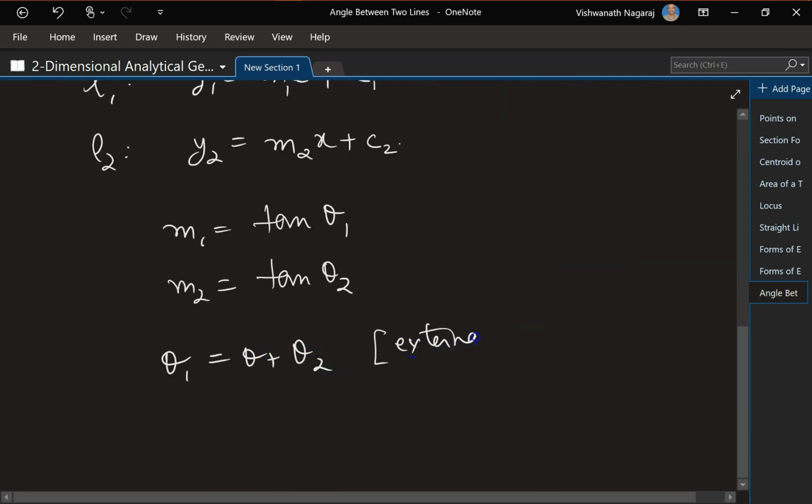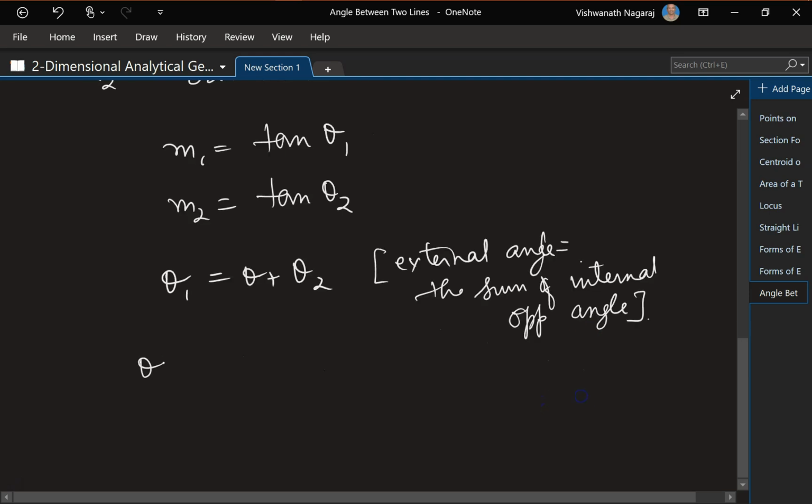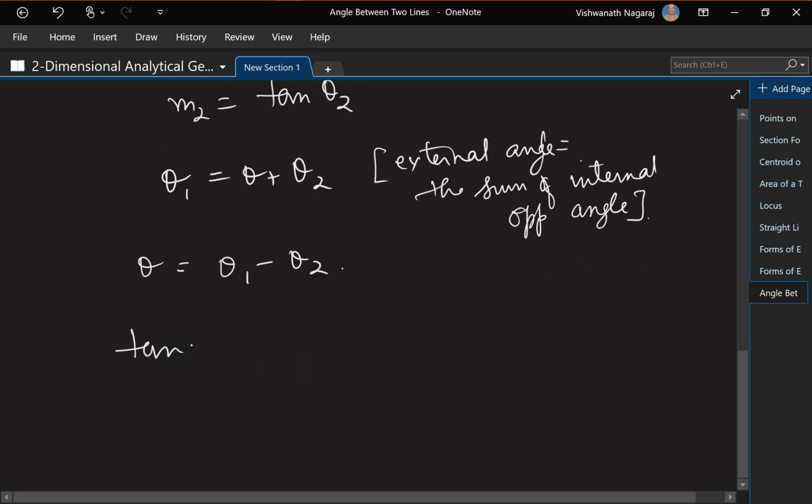External angle is equal to the sum of internal opposite angles. We want theta. So theta is equal to theta 1 minus theta 2. Let's take the tan of it. So tan theta is equal to tan of theta 1 minus theta 2.